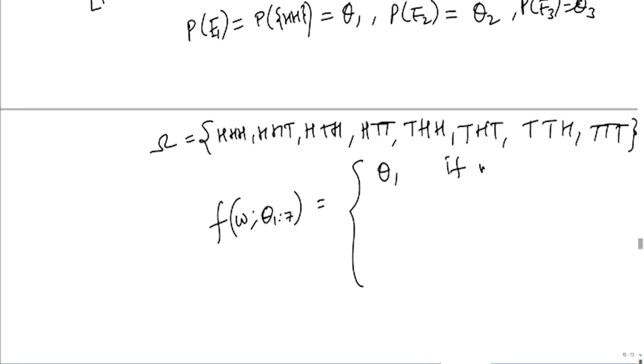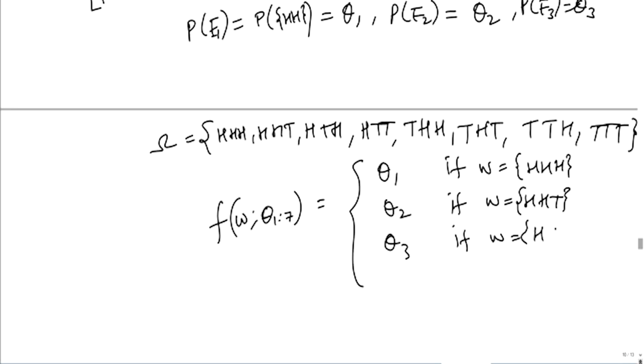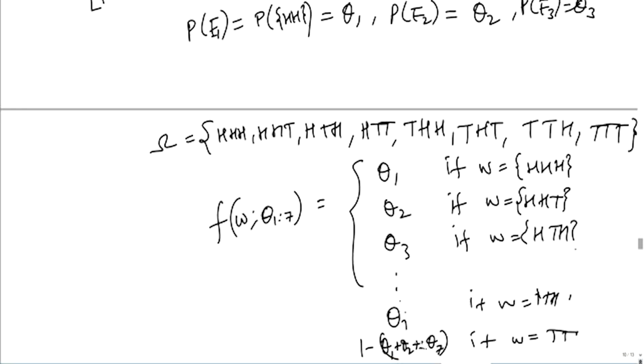So theta 1 if omega is HHH, theta 2 if omega is HHT, theta 3 if omega is HTH, and keep going on like this until you reach theta 7 if omega is TTH, and finally 1 minus (theta 1 plus theta 2 plus ... plus theta 7) if omega is TTT. So you would have actually 8 rows in your function.